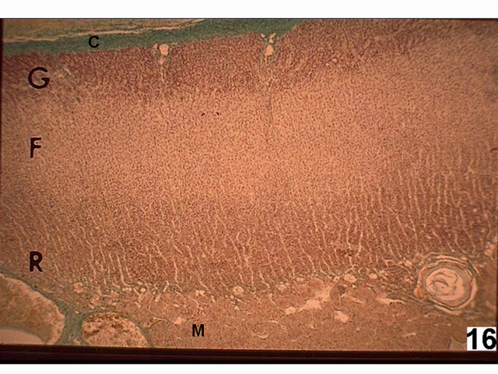Below that, or inside that, is the zona fasciculata, labeled F. Note that it stains differently, that is more lightly, than the zona glomerulosa. And then a third layer of the cortex is called the zona reticularis. Again, it stains somewhat differently from the other two layers. And the innermost layer here is an edge of the medulla. At the corners down here, note the very large blood vessels, which facilitate getting hormone out into the blood system very rapidly.